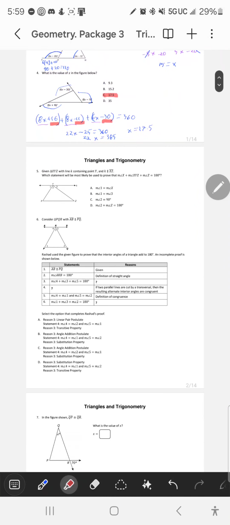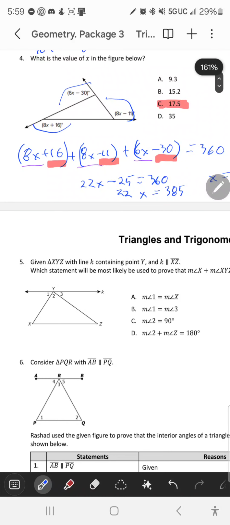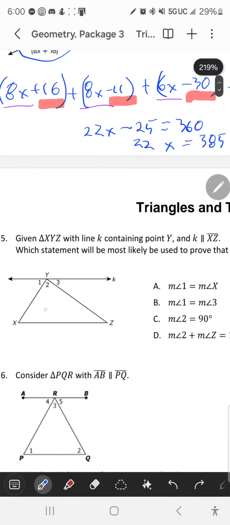Yep. Let's continue. Given triangle XYZ with line K containing point Y, and K is parallel to XZ. So this line is parallel to this one.